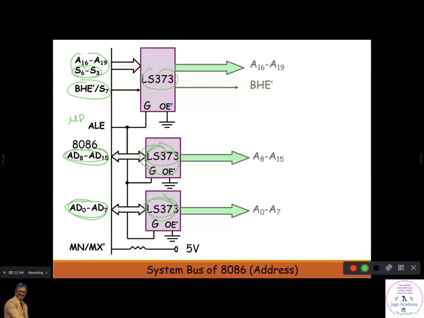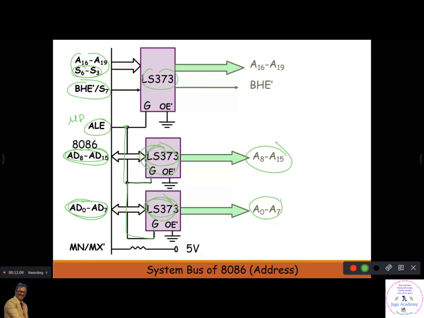That's why we are using 2. And here is the ALE. This ALE is connected to this G, can you see? So these two LS373s will separate AD0 to AD15 into A0 to A7 and A8 to A15.